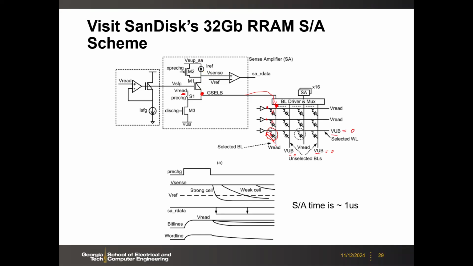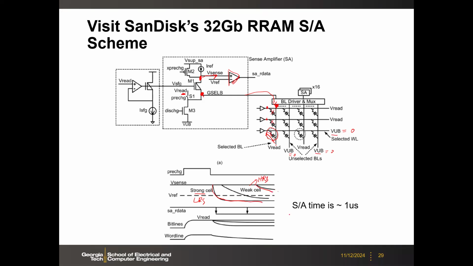Through this follower, you are going to have this voltage decay, depending on the voltage here. Then that is sent to this comparator to compare with the reference voltage, depending on the decay rate. Right? A strong cell means a low resistance cell, so you decay fast, and a weak cell means a high resistance state cell, so you decay slower.